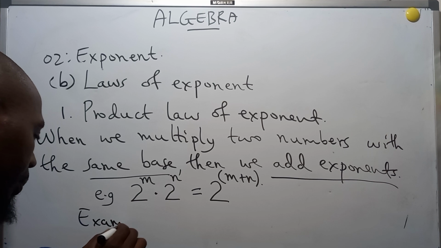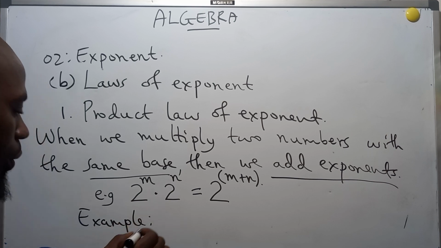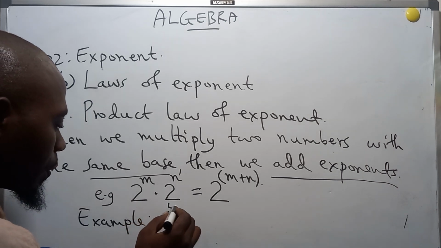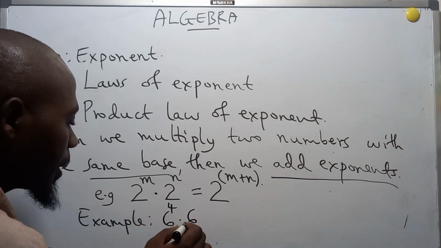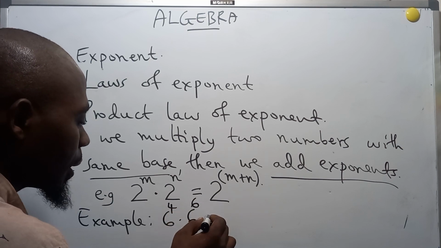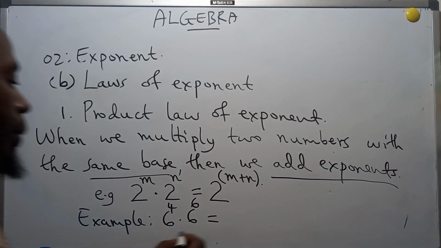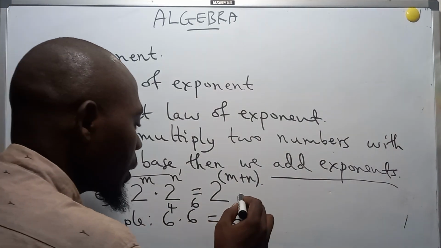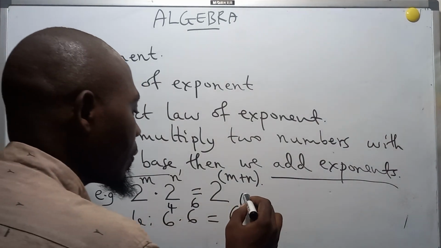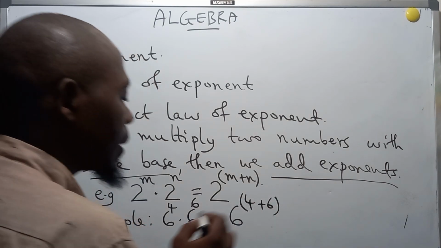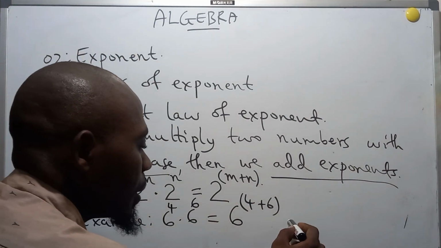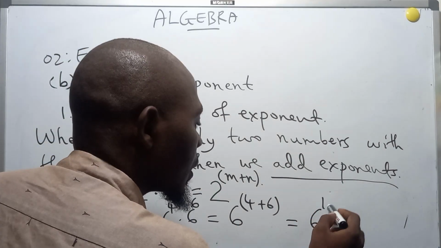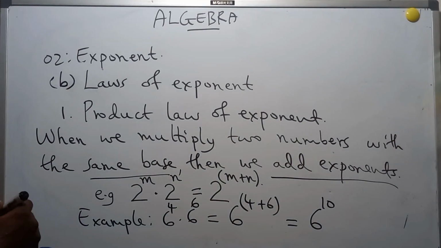Example, 6 raised to the power of 4 times 6 raised to the power of 6 is equal to 6 raised to the power of, in brackets, 4 plus 6, which is equal to 6 raised to the power of 10. Okay.